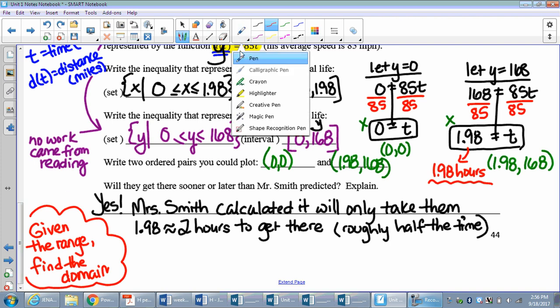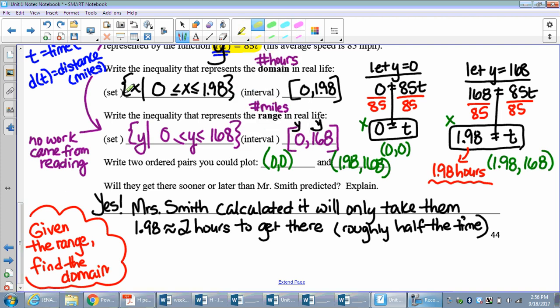So if anybody needed some help on the past real-world questions we've done in our Unit 1 workbooks, almost every single question is going to be either one or the other of what we just looked at. You're either going to be given the domain and you have to go find the range, or you're given the range and you have to find the domain. The key strategy, folks, I can't stress it enough, is labeling the domain and range.